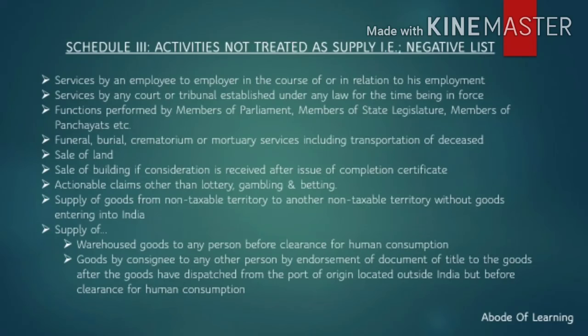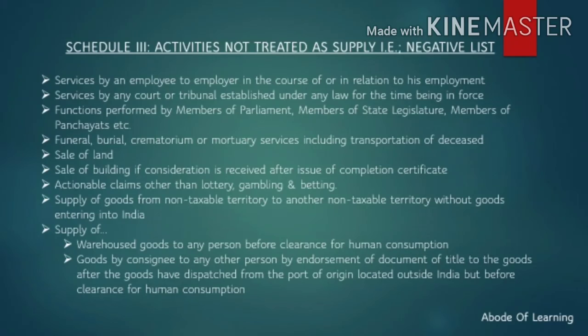The next one is supply of goods from a non-taxable territory to another non-taxable territory without goods entering into India. What does this mean? I'll explain with an example. You are purchasing goods, let's say you are importing goods from Singapore, and that material is not coming to India.